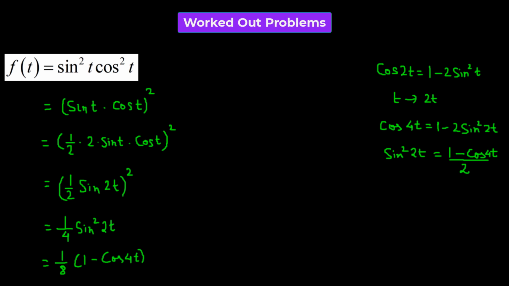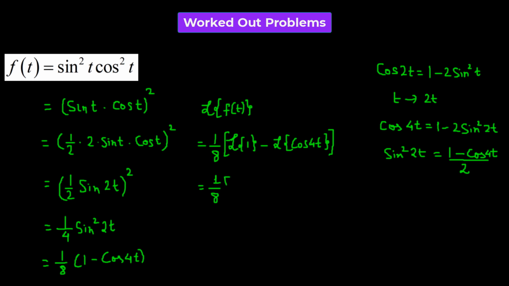So let's now find the Laplace transform. So the Laplace transform of our function f of t will be equal to 1 over 8 times the Laplace transform of 1 minus the Laplace transform of cosine of 4t, which will be equal to 1 over 8 multiplied by the Laplace transform of 1, which is 1 over s, minus the Laplace transform of cosine of 4t, which is s divided by s squared plus 4 squared, so that is 16.